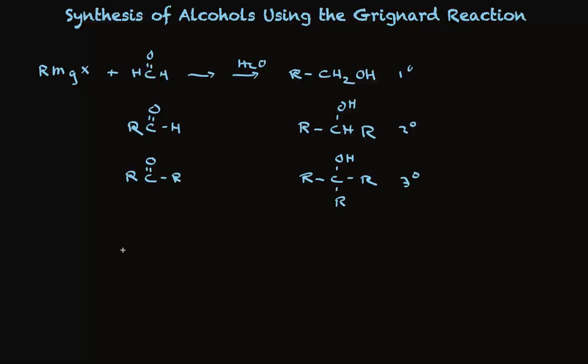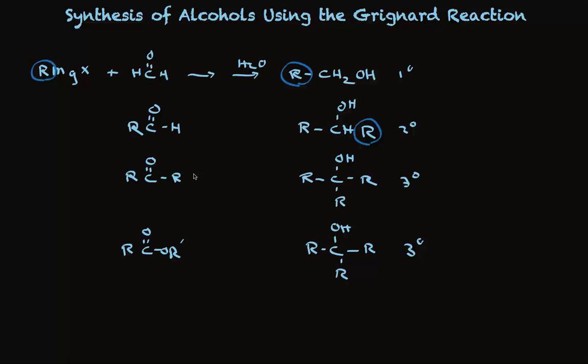And just for fun, we'll look at the special case. The product, when the Grignard reagent reacts with an ester, is a tertiary alcohol. But it's a special tertiary alcohol. Check this out. This alkyl group from the Grignard reagent is this alkyl group. In the reaction with other aldehydes, let's say, here it is.